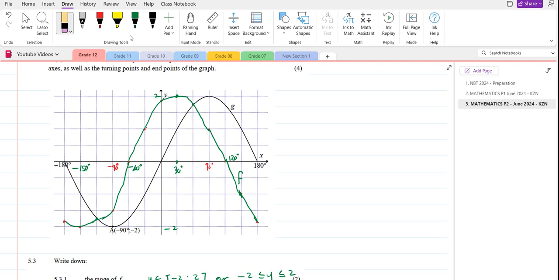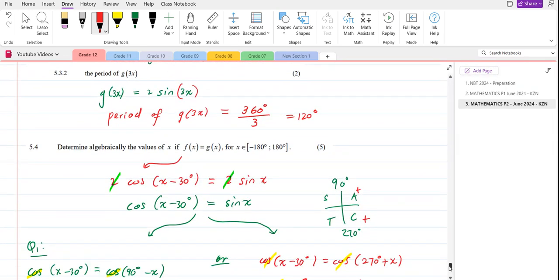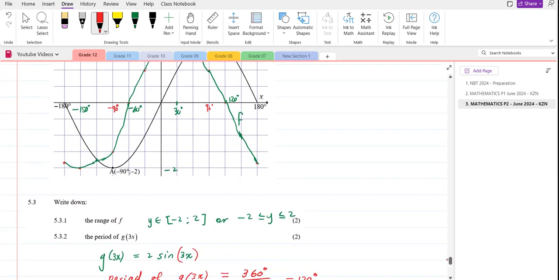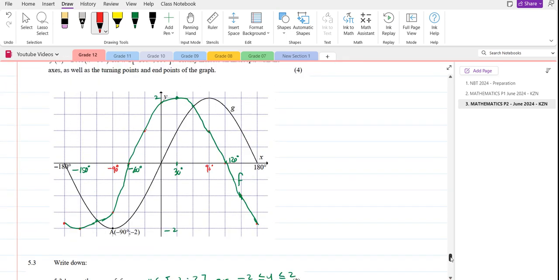So we know the points of intersection. If I take a value of k which is -1, you'll get -120. So x is equal to -120 degrees, and the next value of x is, as we can see here, at 60.